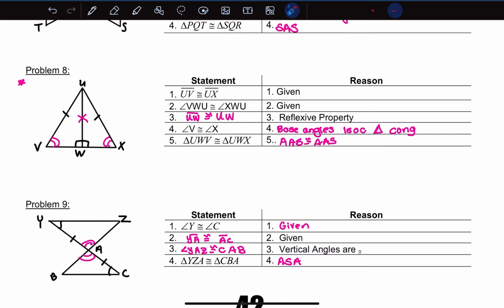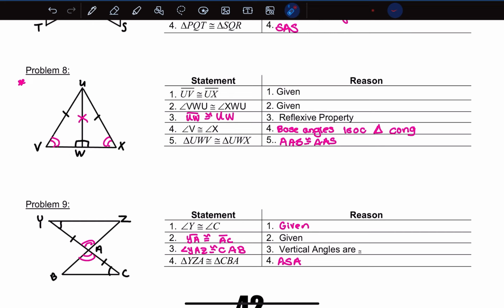There is a reflexive side. Now the reason why we cannot simply say, oh, well, I have a side and an angle, is because this is not a valid theorem for triangle congruence. So I need to find another way.